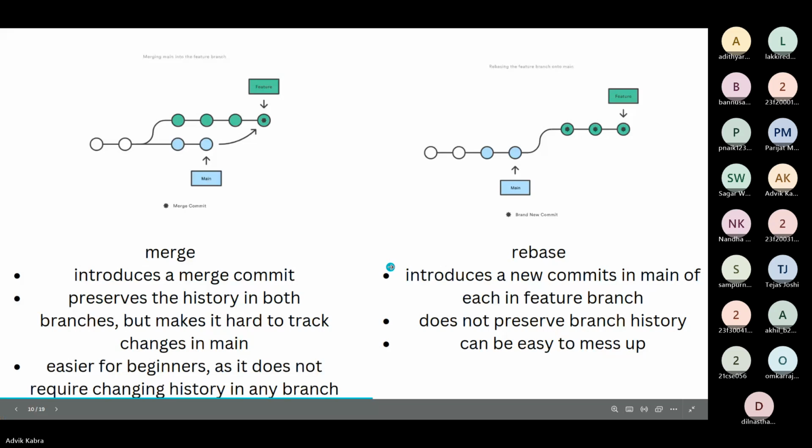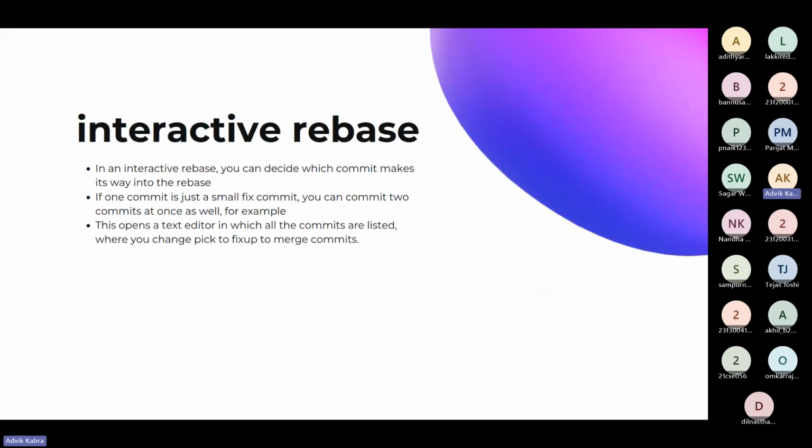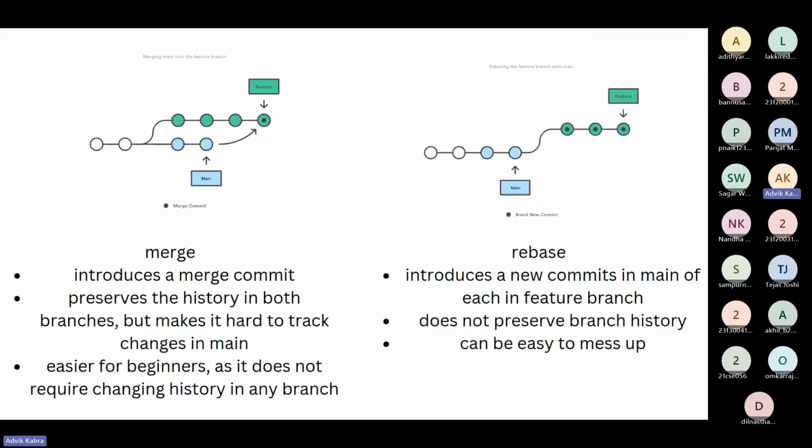Okay, an interactive rebase. So now in your rebase, you will have a bunch of commits, right? And sometimes you would have added some commits which you don't really want on your main branch, which everyone sees, right? Those commits were for yourself, like they were tiny commits, or the message wasn't right, stuff like that.